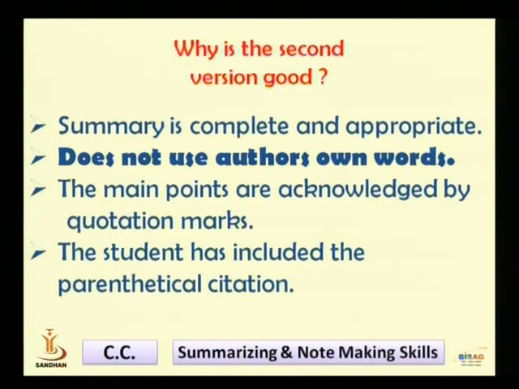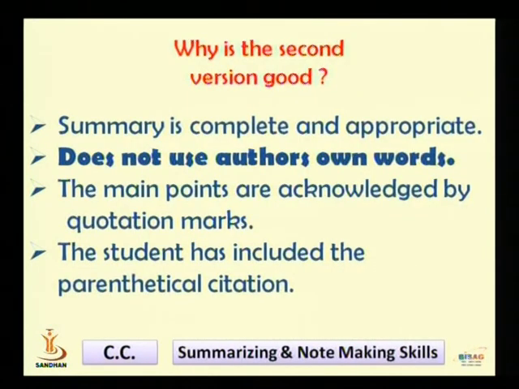You have to convert the writer's ideas into your own, because that is the process of comprehension, interpretation and analysis. When you see a good summary, it is that the student, that is the reader, has gone through all these steps of understanding and reading efficiently. Now, why is this a good summary? The student has not copied anything from the author.